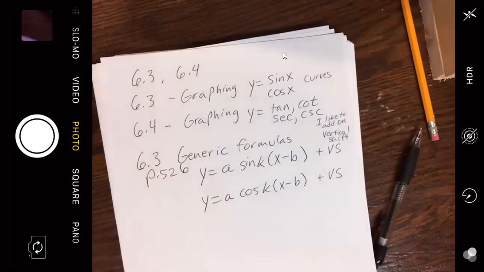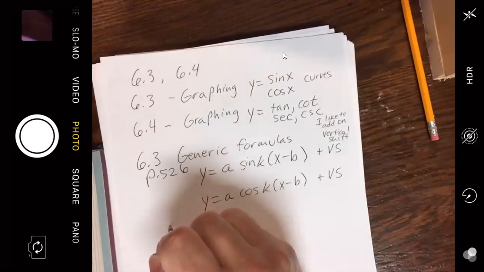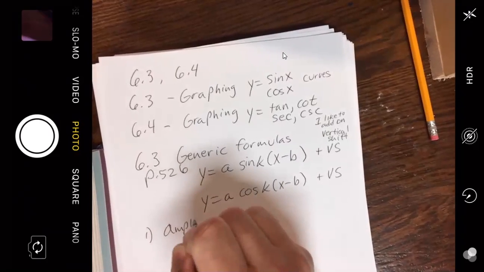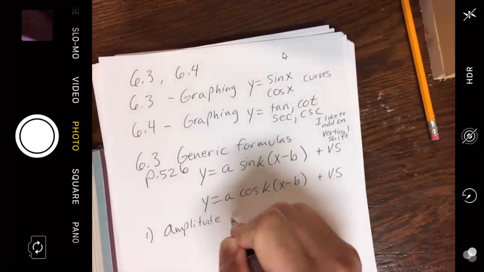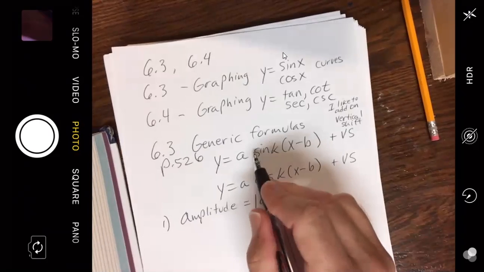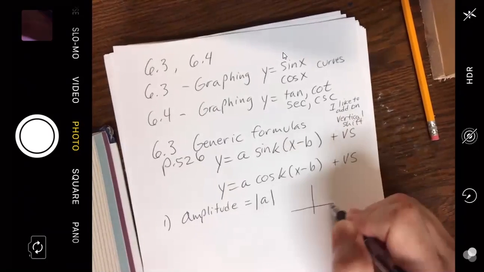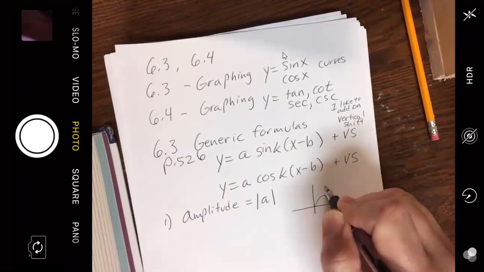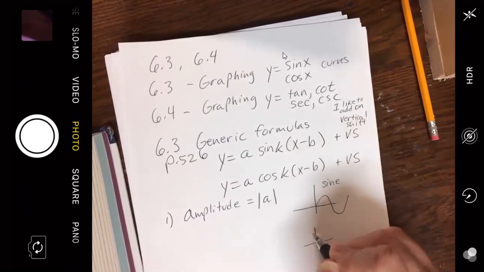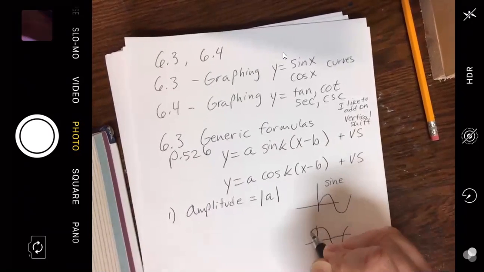Okay. A, or the first thing, they call it amplitude, is the absolute value of the A, this coefficient in front that's multiplying. On the graph, generically, this is a generic sine graph, and cosine starts high and goes around.